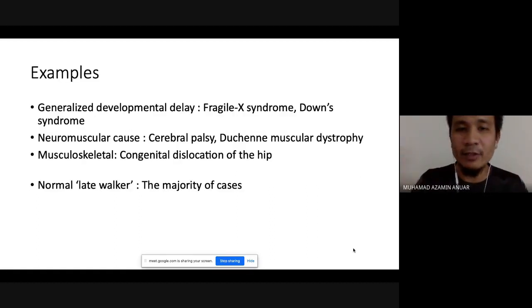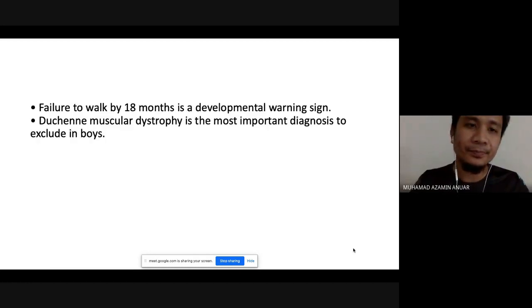If they have dysmorphic features, then you want to do the karyotyping, and also might want to do genetic assays and so on. And obviously, if you're talking about hip problems, then you do X-rays and refer to the orthopedic surgeon for interventions. But most of them who are not walking by 18 months, about 90 patients out of 100 late walkers, are basically normal late walkers.